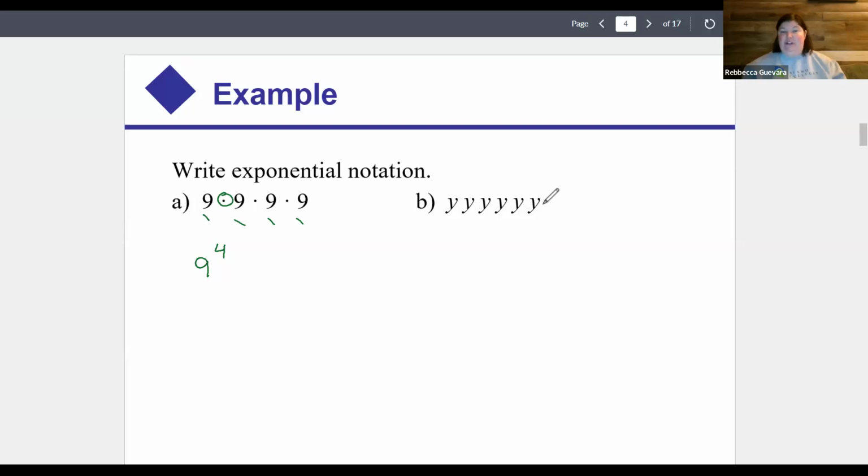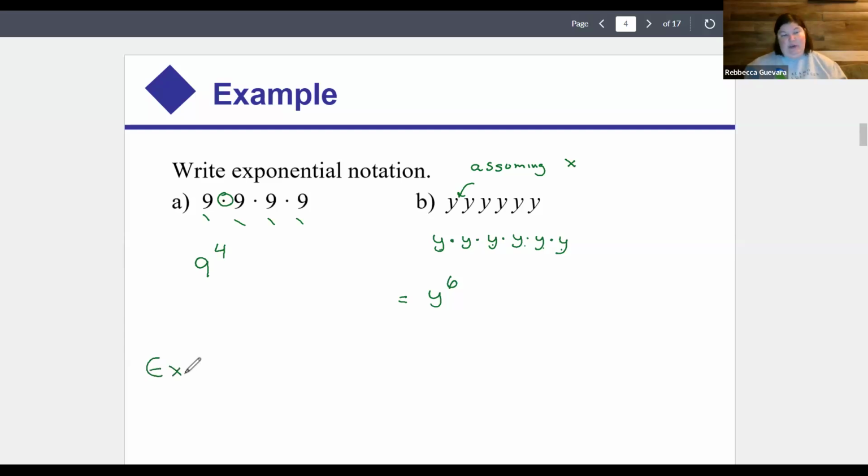If I write a list of variables and I don't put that operator there, we are assuming multiplication. I think most of you know that, but if you're from out of country, you might not know that we just drop our operators there. But we have y, we have it 1, 2, 3, 4, 5, 6 times. So y is multiplied 6 times. So we say y to the 6.